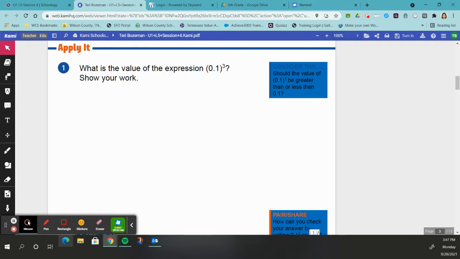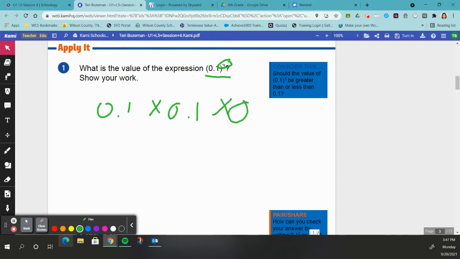So looking at these problems, with number 1, we have an expression, and the expression is right here, and we have a power. This is to the third power. So it means we're going to take that number and we're going to multiply it 3 times. Not 3 times that number, but that number multiplied 3 times.